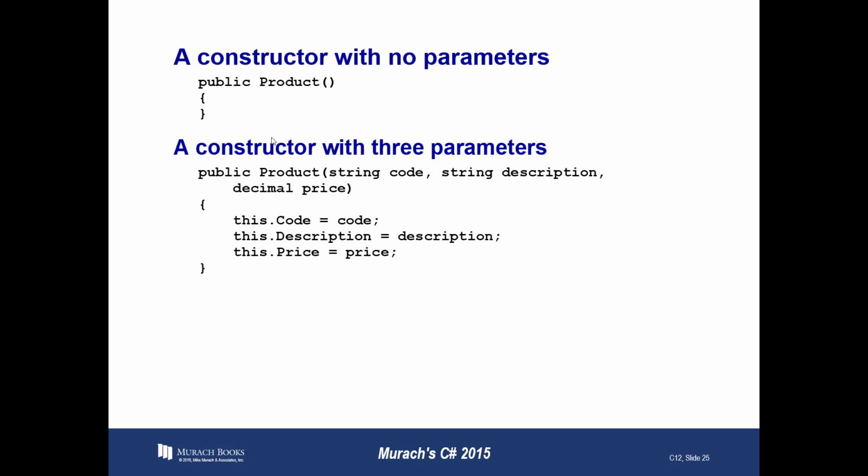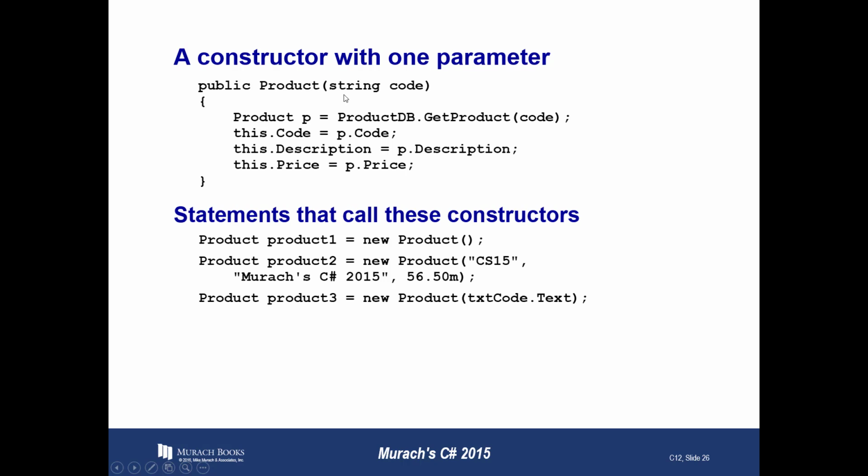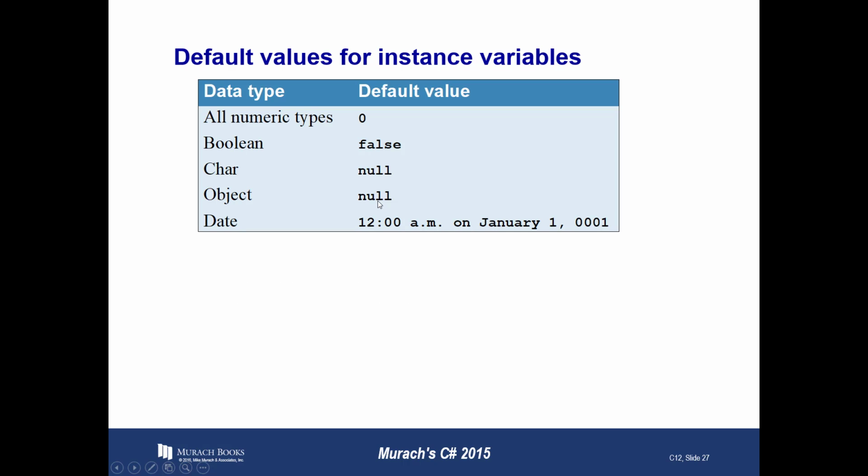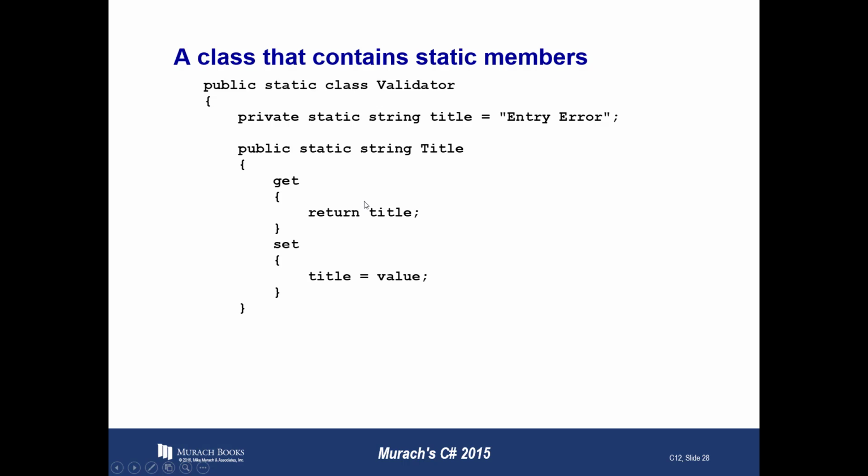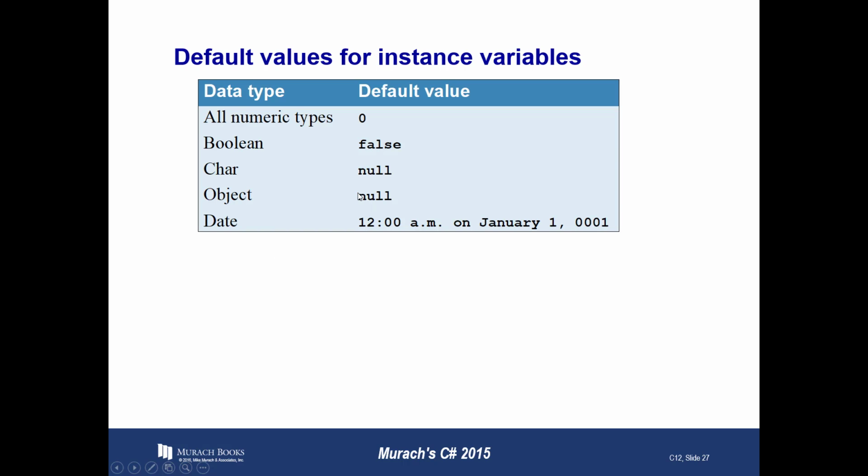In the second example, we're passing in a string representing the code, a string representing the description, and a decimal representing the price. We could overload it again and just pass in one thing, for example. All right, here's some examples of statements that call these constructors.